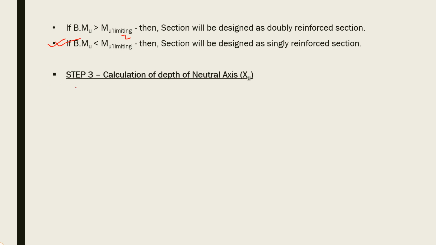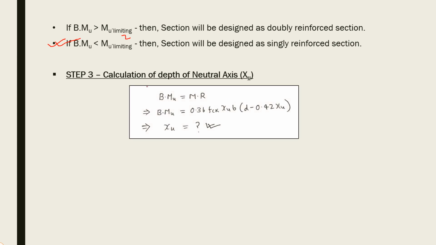We will move toward step 3. Step 3 is calculation of depth of neutral axis, that is xu. Neutral axis depth can be calculated from factored bending moment equal to moment of resistance of the section. That is, you have to design a section which can resist the factored bending moment, that is singly reinforced section.